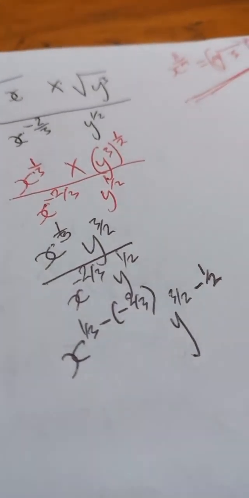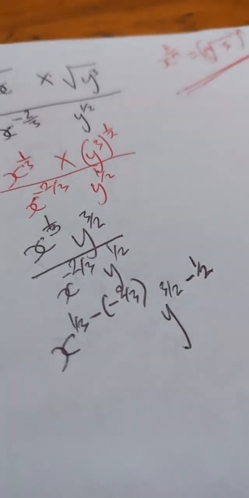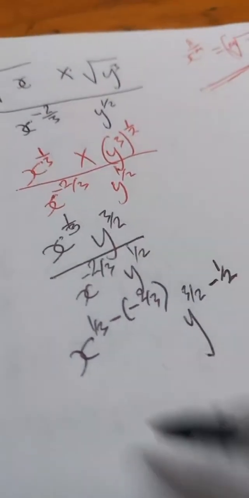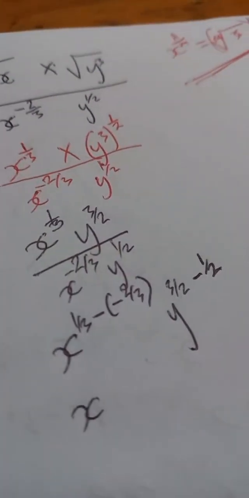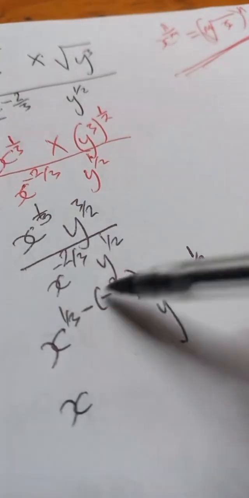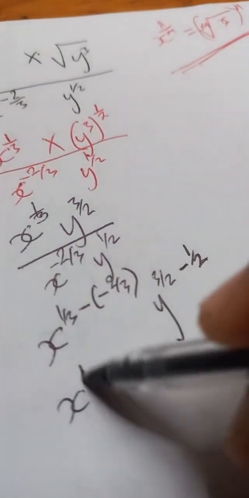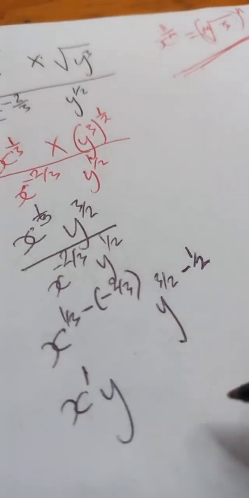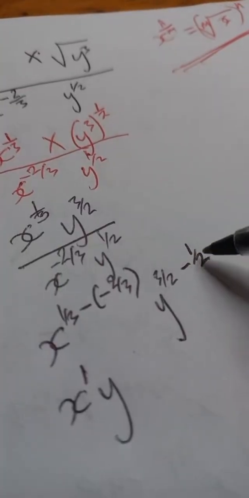It's going to be x to the power 1 plus 2, which is 3 over 3, which is x to the power 1, and then y to the power 3 minus half.